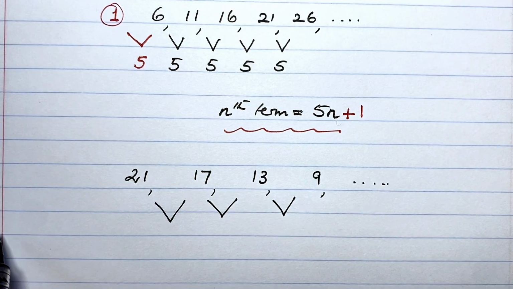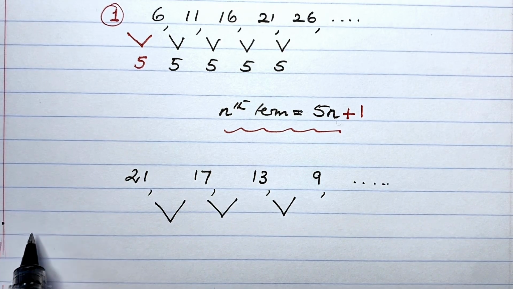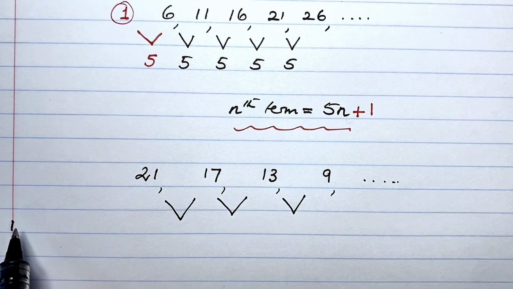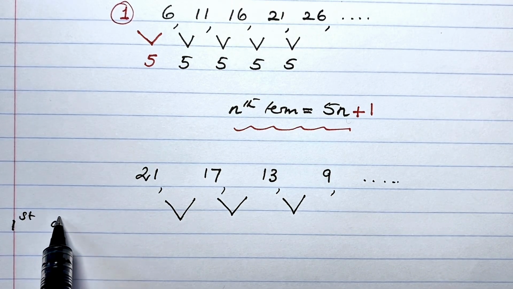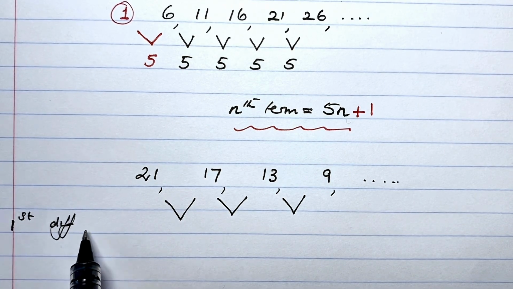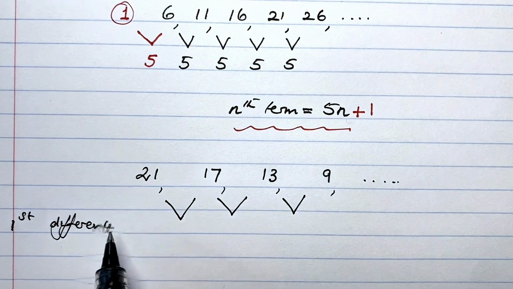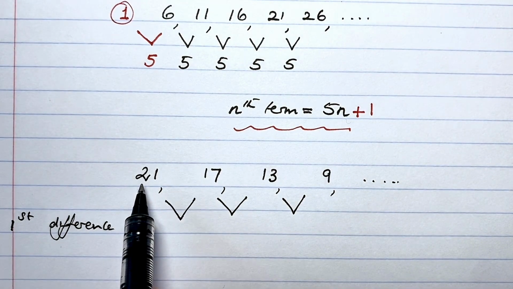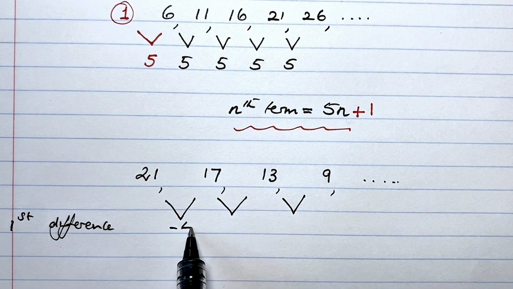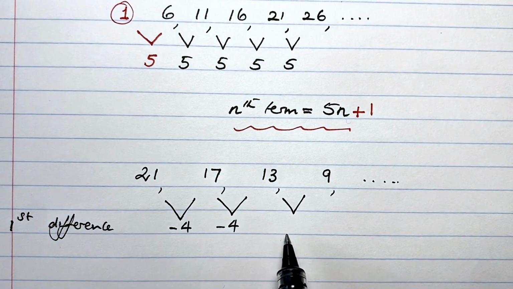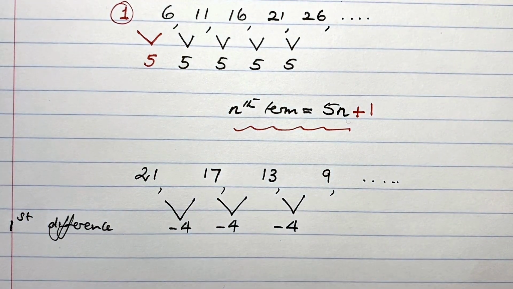So if I say the first difference here would be 17 take away 21, minus 4, minus 4, minus 4.